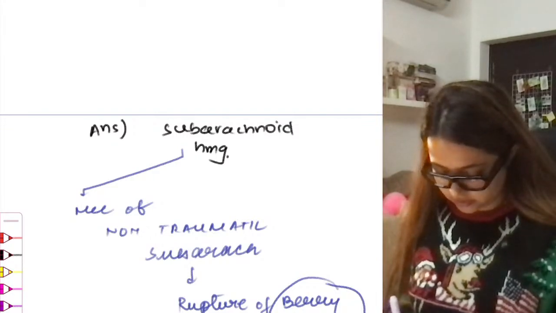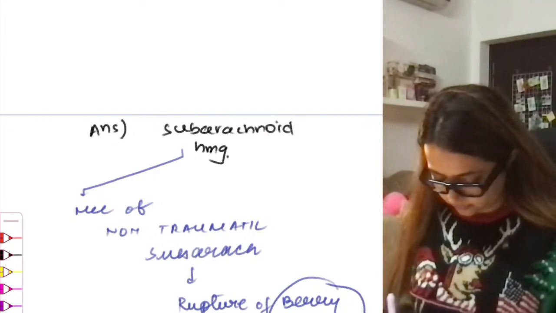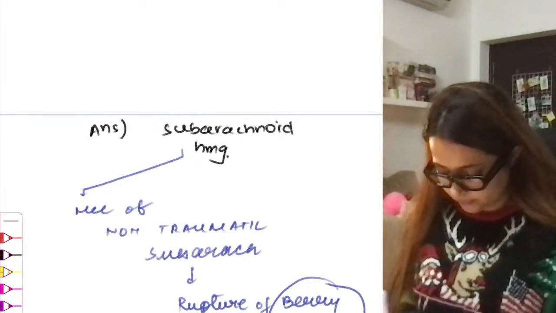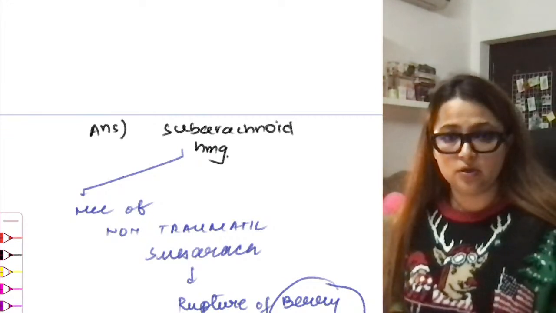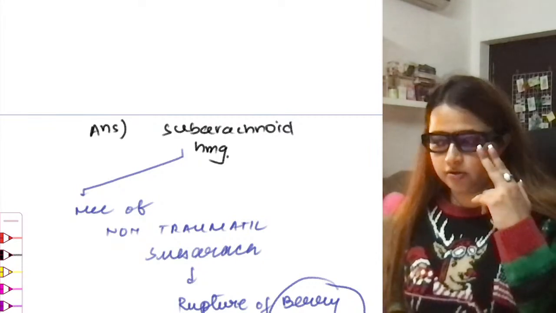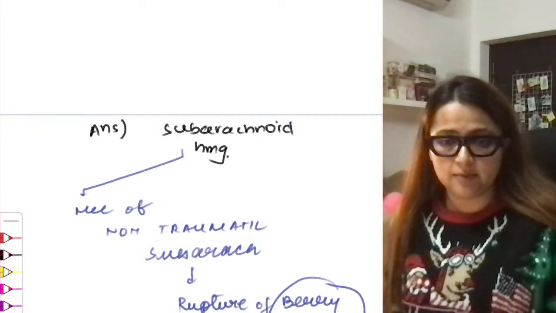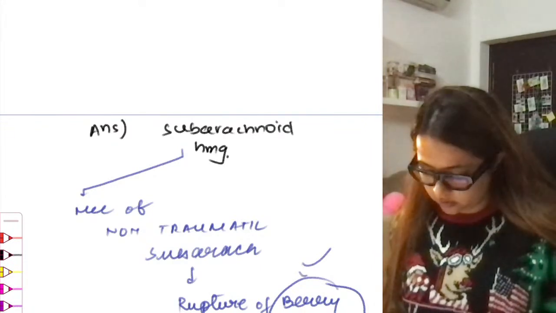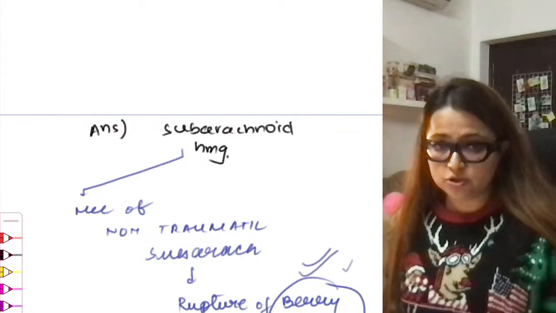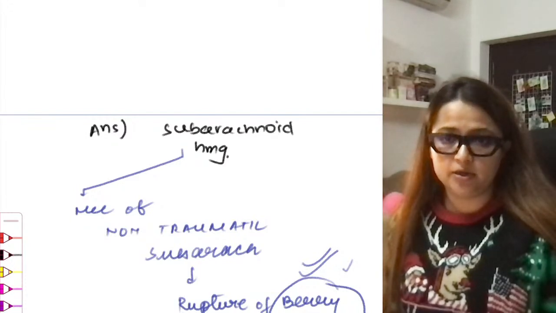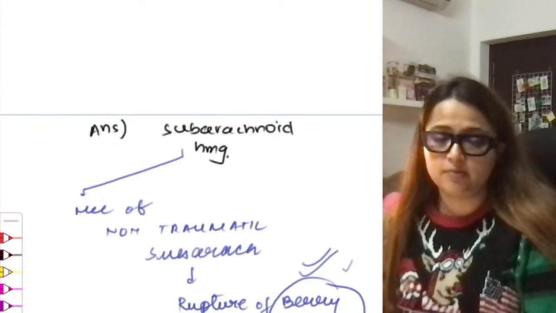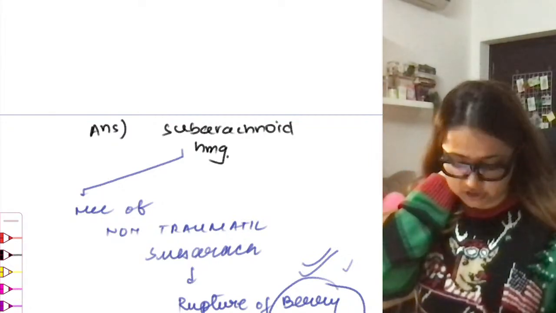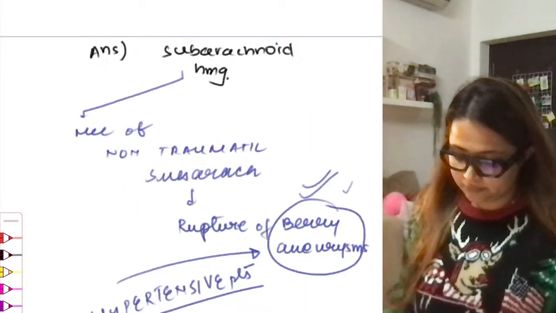The answer is hypertensive patients. In the history you could be given a hypertensive male who was not consistent in taking medications, ultimately developed a berry aneurysm, and when that ruptures, that could lead to subarachnoid hemorrhage. The history given is thunderclap headache or worst headache of the patient's life. All right, moving on.